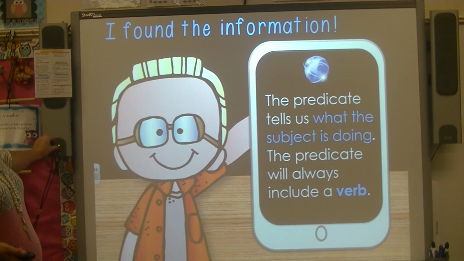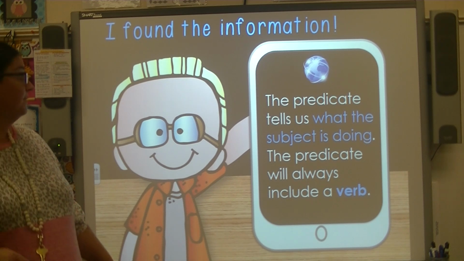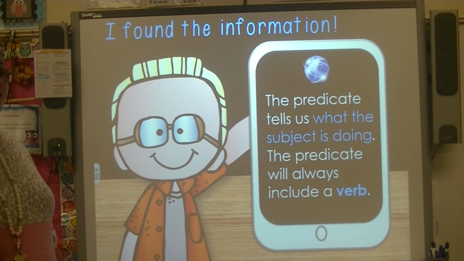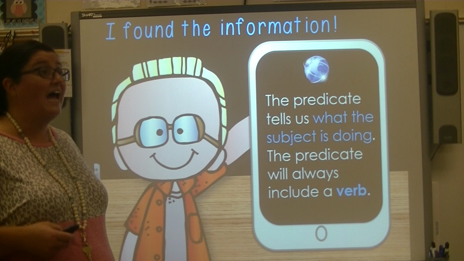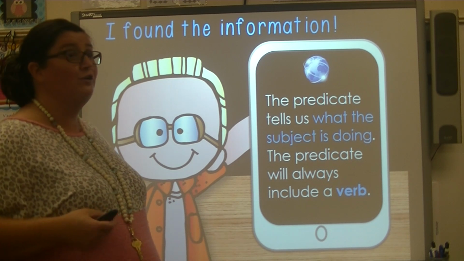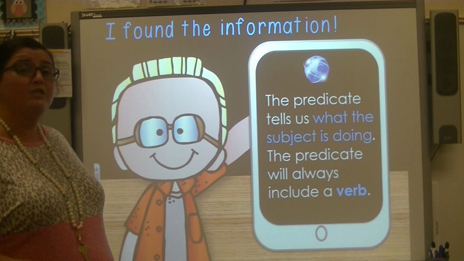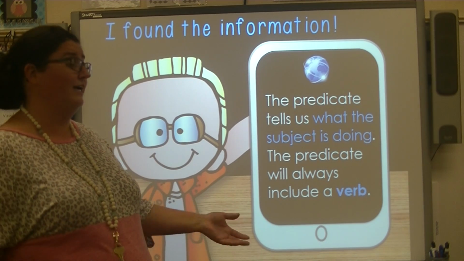The predicate tells us what the subject is doing. The predicate will always include a verb. Boys and girls, a verb is an action word. It's something you can do. So the predicate is what the subject is doing.